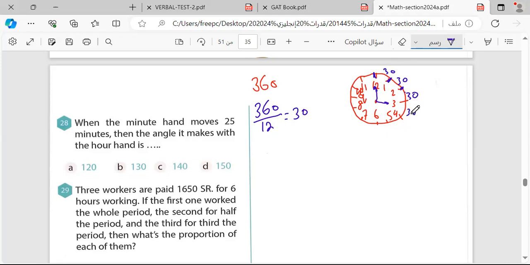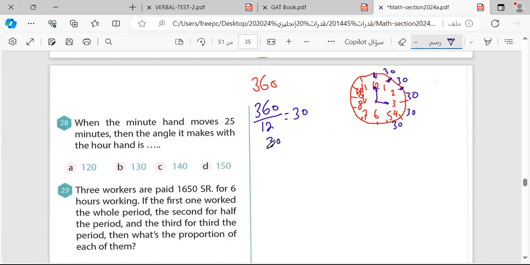And here 30, 30. Okay, can you give me 1 minute? How to find 1 minute? Now 5 minutes, we get 30 degrees, right? 5 minutes, 30 degrees. For 1 minute, how much? You divide it by what? 5, because we have 30.